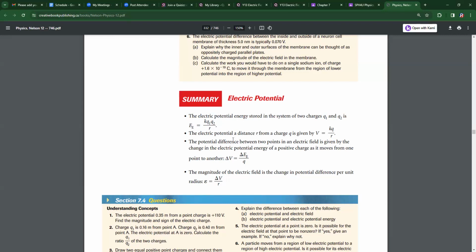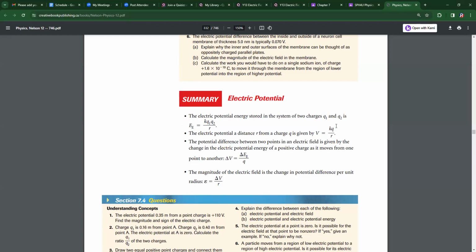How to get voltage? Okay, so potential is energy per charge. So you divide by one of the charges, and the charge will disappear from the formula for energy. So potential equals energy over charge.